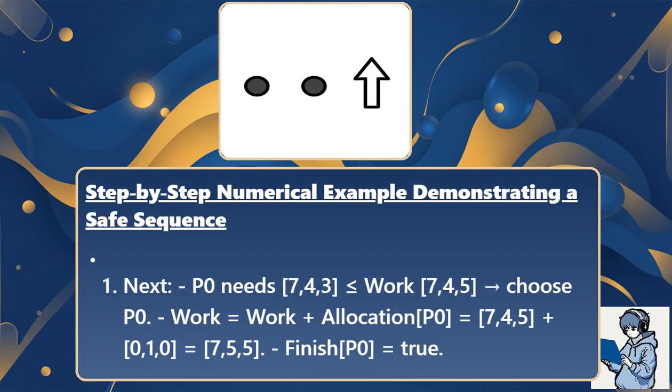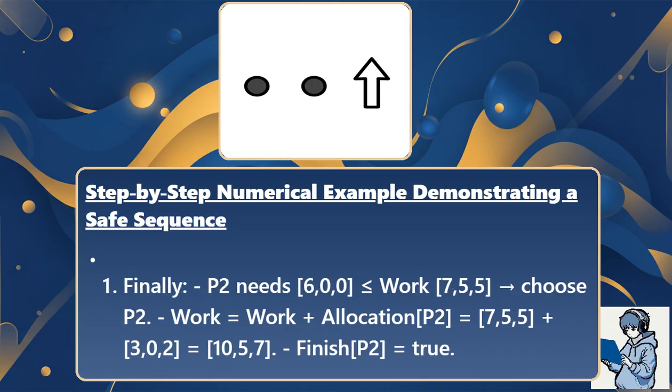Step 6: Next, process 0 needs 7, 4, 3, which is less than or equal to work 7, 4, 5, so choose process 0. Work becomes 7, 4, 5 plus 0, 1, 0 equals 7, 5, 5. Finish of process 0 equals true. Step 7: Finally, process 2 needs 6, 0, 0, which is less than or equal to work 7, 5, 5, so choose process 2.